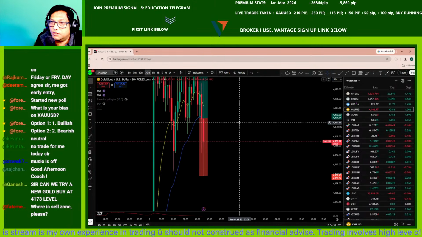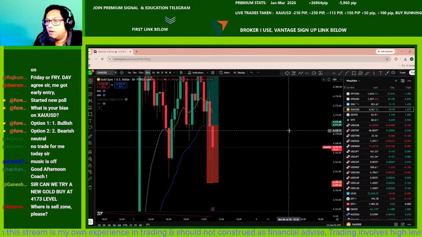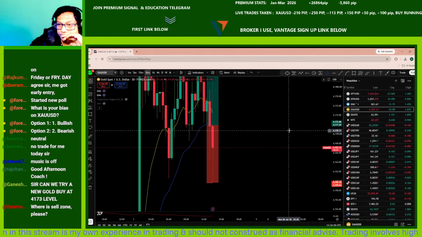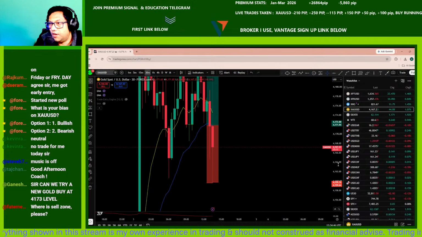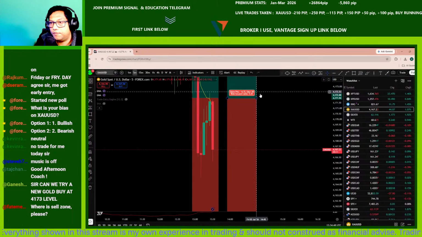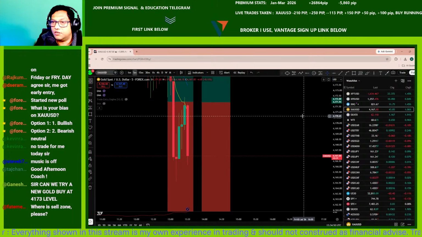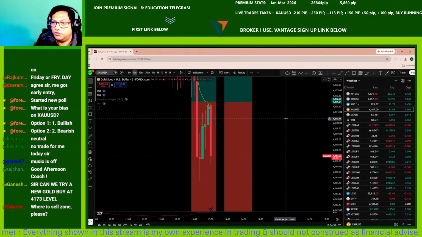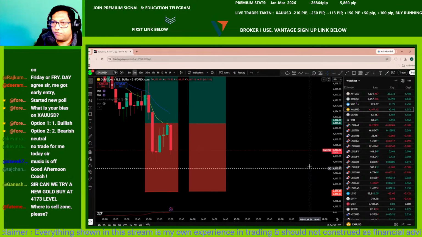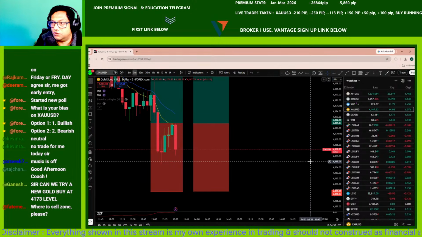So looking at the 30 minutes, okay, and the 5 minutes candle closed with another long bearish red candle. We'll see what kind of market structure it is forming.